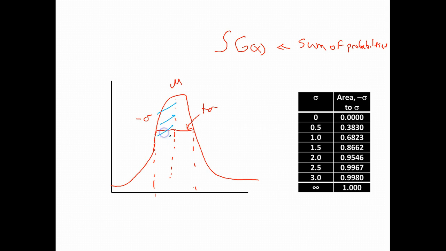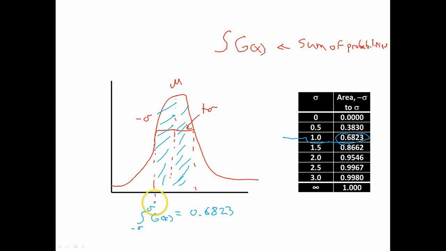You take the area here, and the area here, right? But that area, in this case, is 0.68. Okay, so what that means is the integration from negative sigma to positive sigma for g of x equals 0.6823, right?